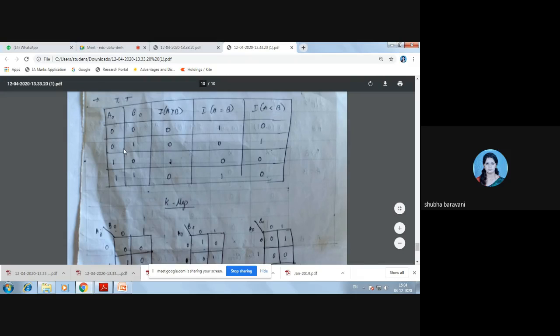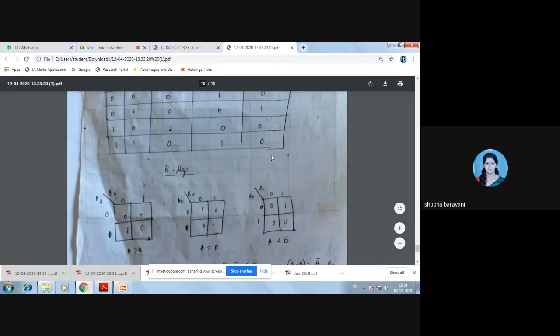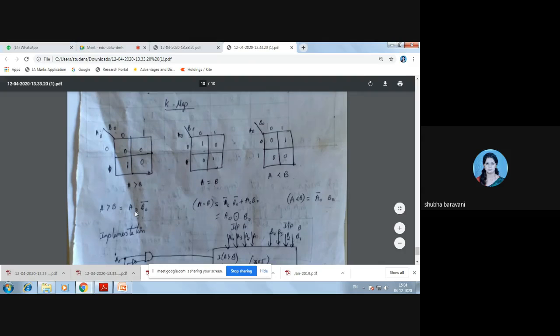My outputs are A greater than B, A equal to B and A less than B, and the truth table for the outputs is similar to the 1-bit comparator we have already done.